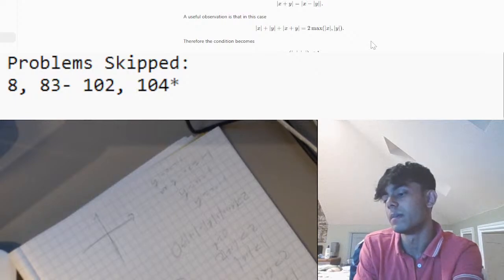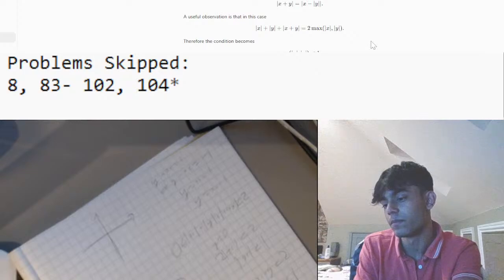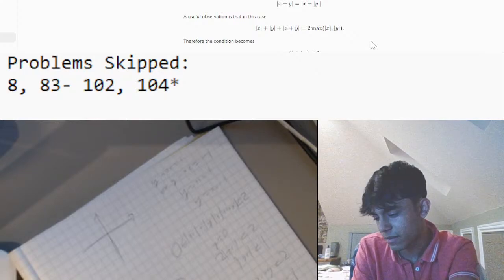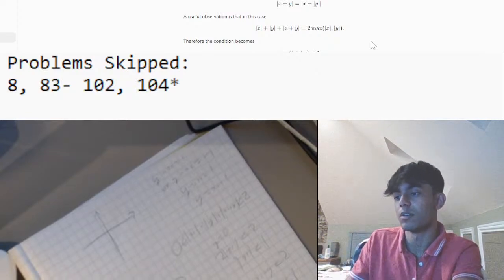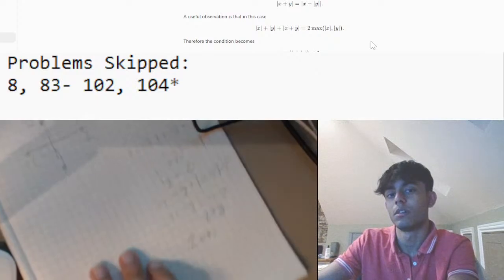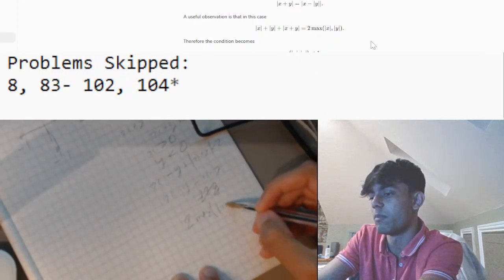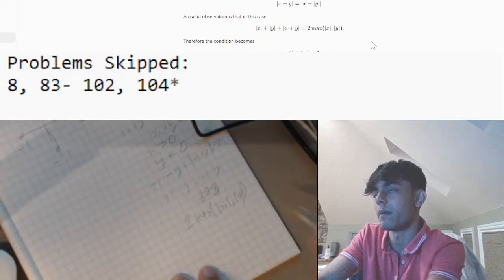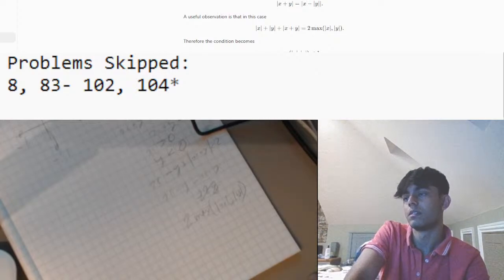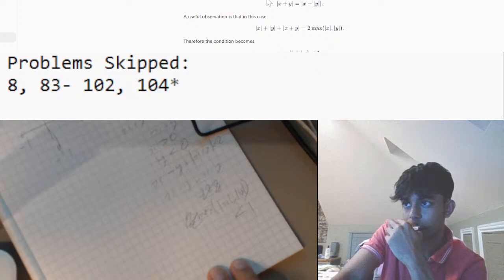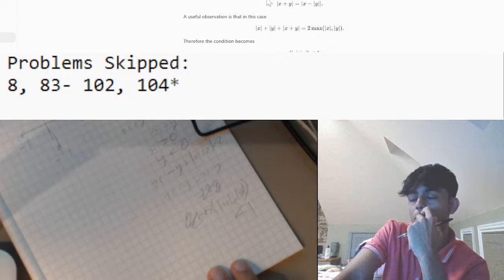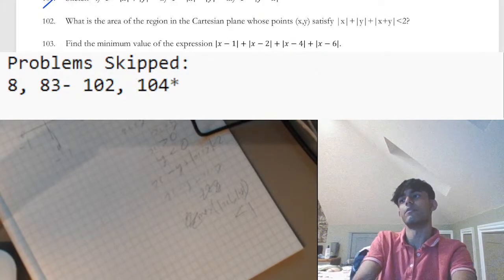Oh yeah, it's either going to be x minus y, which is minus 2y, but y is less than 0. It's going to be twice the maximum of mod x and mod y. I'm reading this off the AI script. So the maximum of mod x and mod y is less than 1. So you have 2 cases, each case gives you area 1. So the total area is 3. Fine.